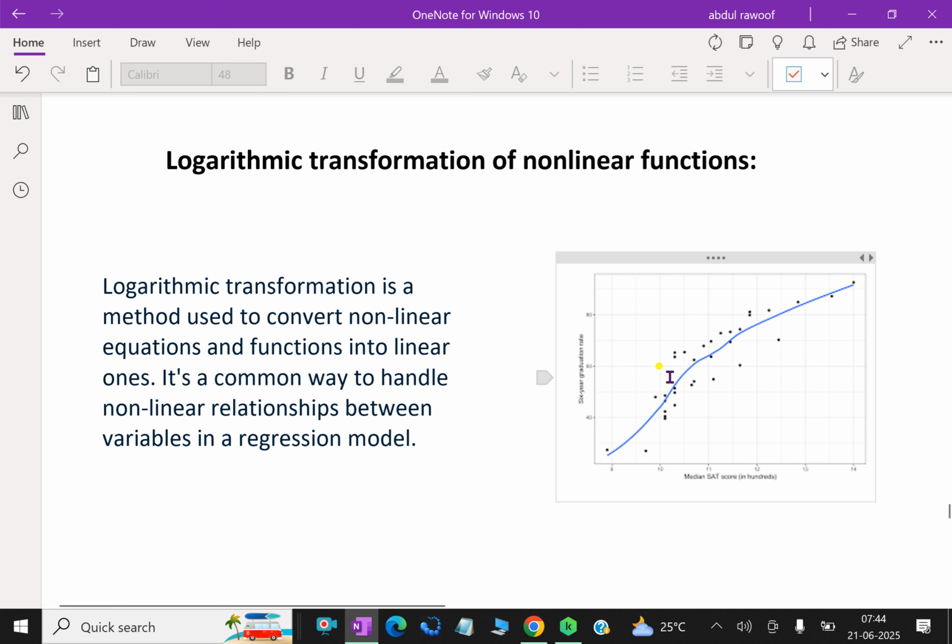We have to connect them with an equivalent linear form. Logarithmic transformation is a method used to convert nonlinear equations and functions into linear ones. It's a common way to handle nonlinear relationships between variables in a regression model.